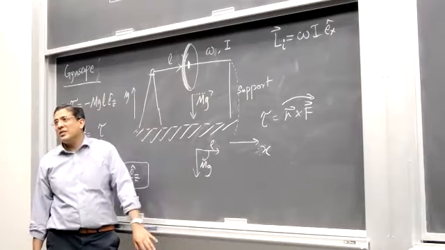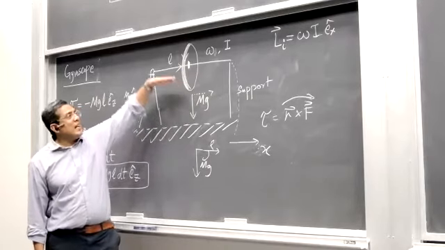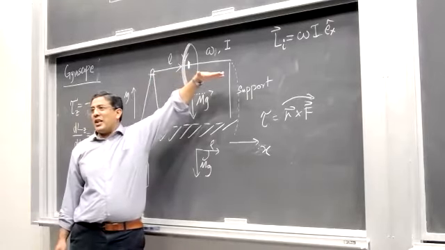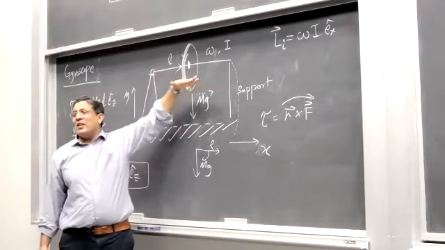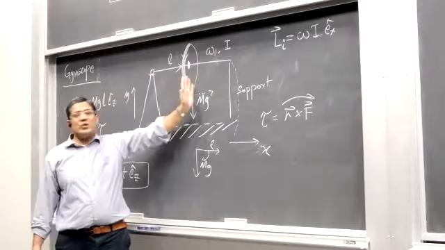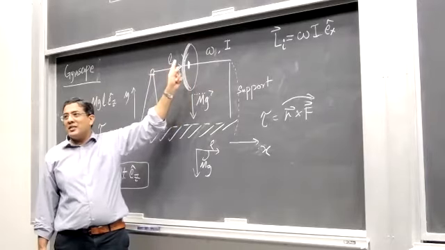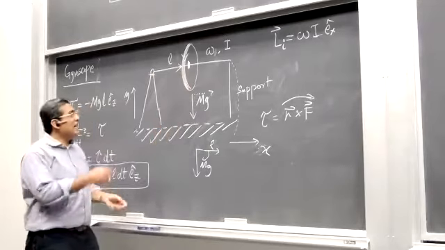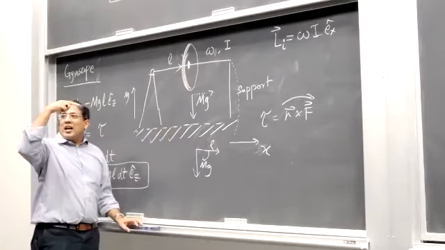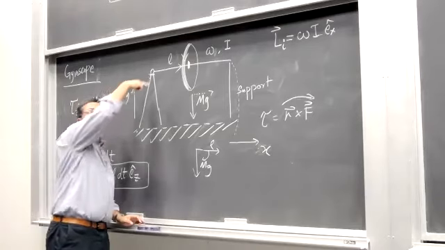It fell down. But now it has a huge angular momentum in this direction. When gravity acts, when the force acts, it doesn't simply pull it down. It exerts a torque that is into the plane.